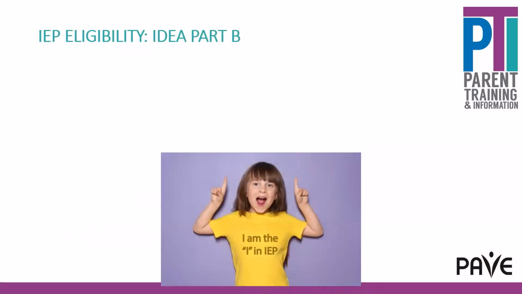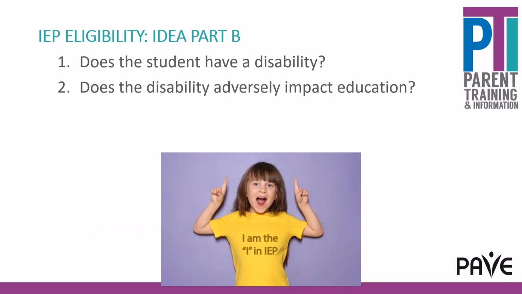When a school evaluates a student to determine eligibility for services, there are 3 questions. Here are the first 2 questions. Does the student have a disability? Does the disability adversely impact education? Those 2 questions probably look familiar.